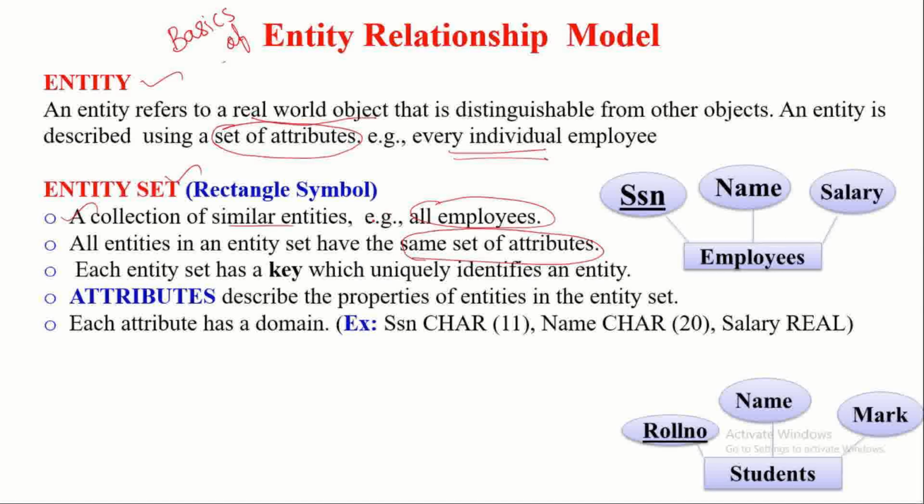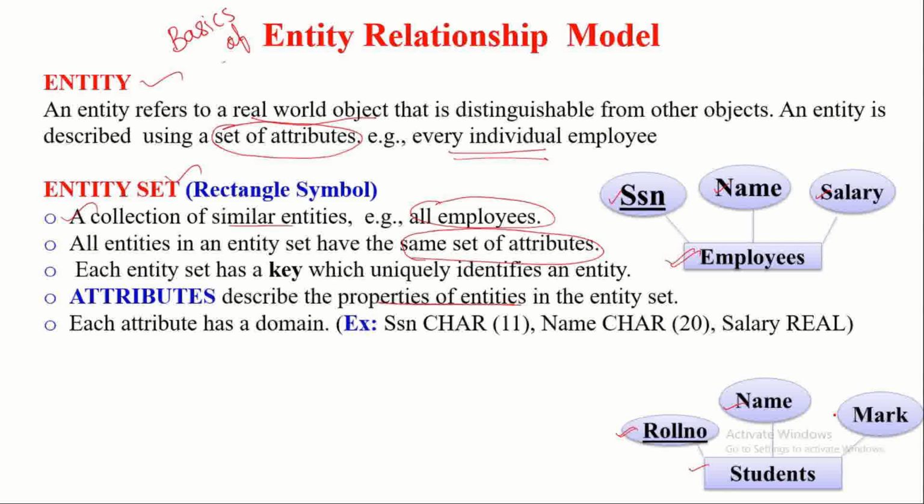The attributes of an entity set describe its properties. For example, if we take the employee entity set, all the employee entities have the attributes SSN, name, and salary. Similarly, in the students entity set, all the student entities have the attributes roll number, name, and mark.